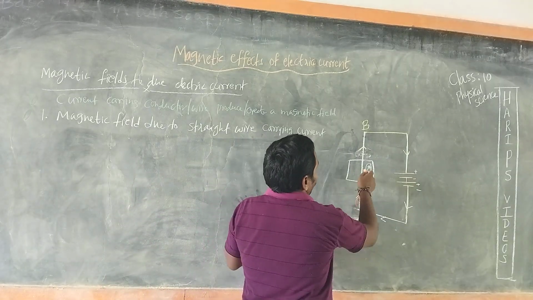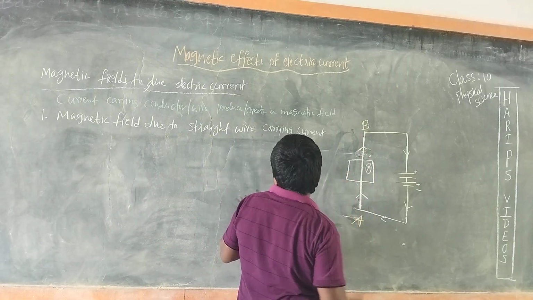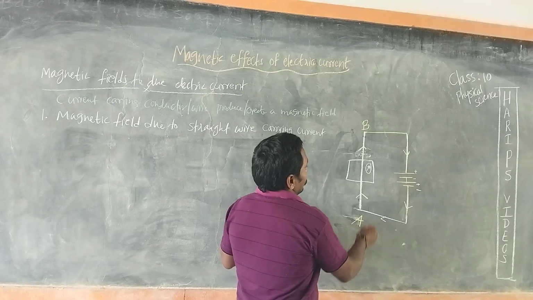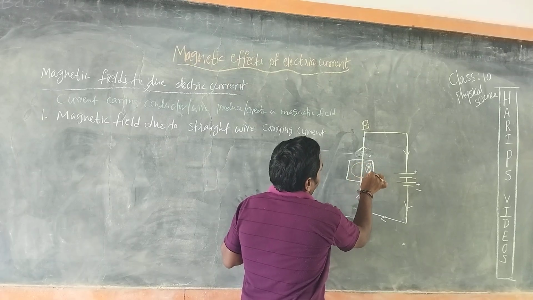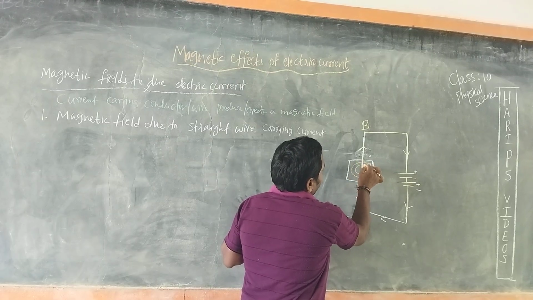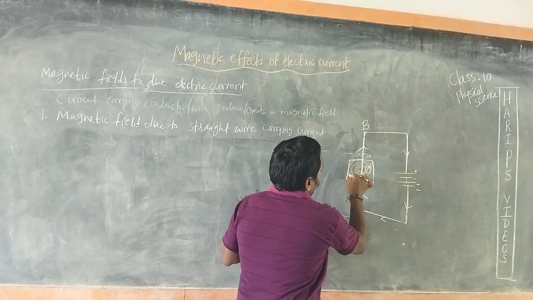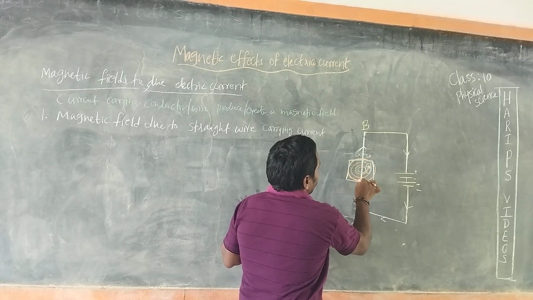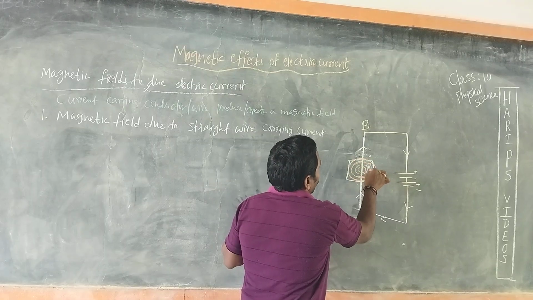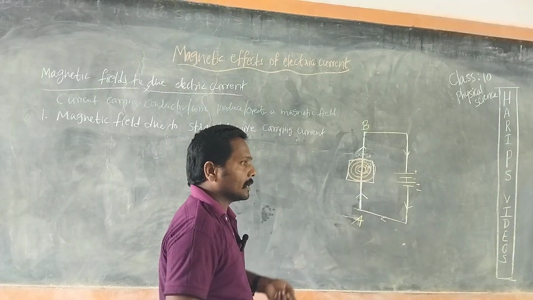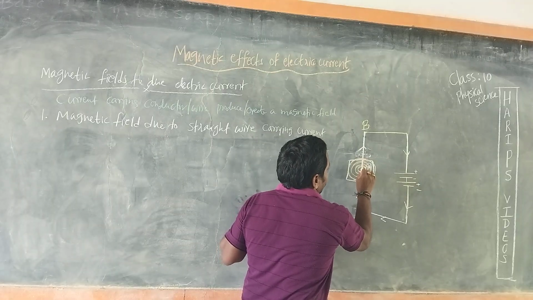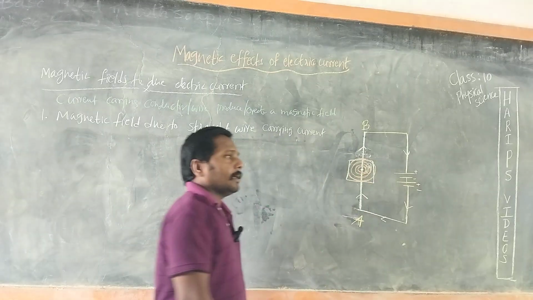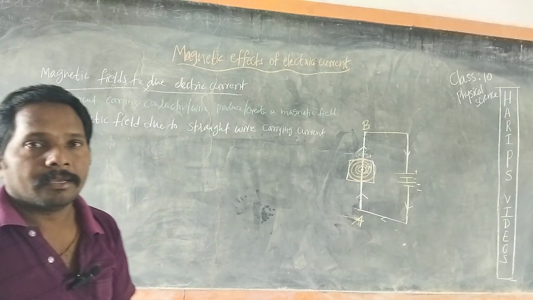So in the case of a straight wire carrying current, the magnetic field is formed around the wire as concentric circles. Concentric circles means the center is the same for all circles.